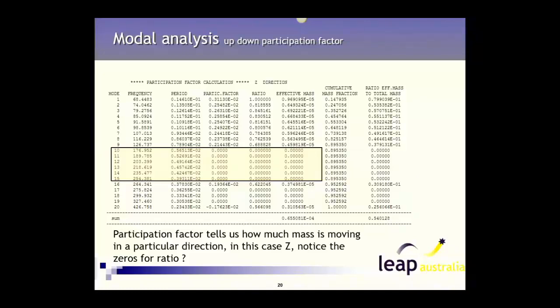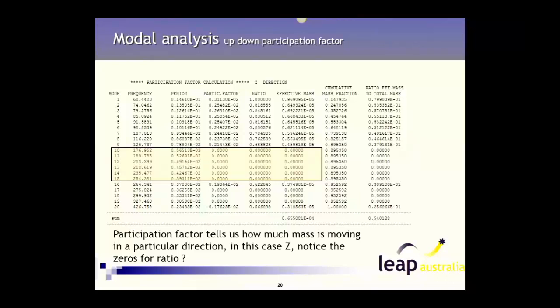Then there's a column on the end here, ratio of effective mass to total mass, which tells me how much of the total mass of the structure is moving at that particular mode. You can see modes 10 to 15 are pretty much 0, because there's no movement in the up and down direction. And then mode 16 all of a sudden has quite a high participation factor.